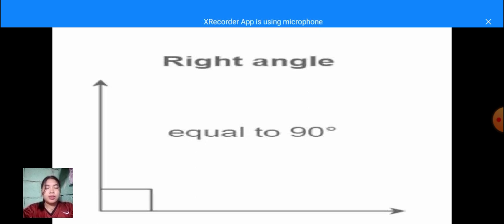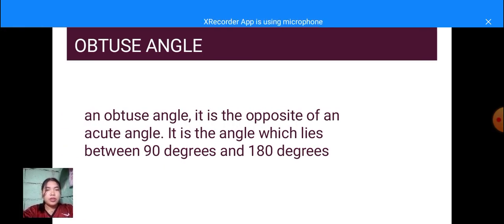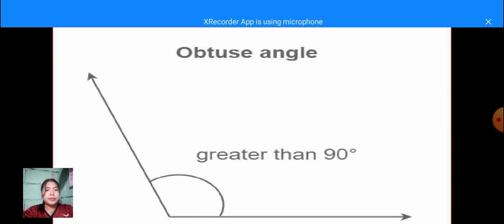Here's an example of a right angle, equal to 90 degrees. Obtuse angle: an obtuse angle is the opposite of an acute angle. It is the angle which lies between 90 degrees and 180 degrees. Here's the obtuse angle, greater than 90 degrees.